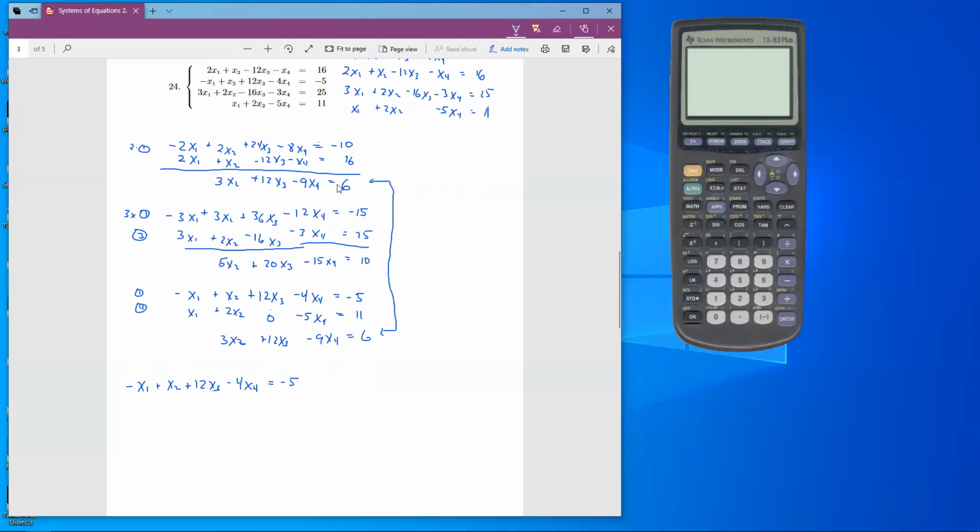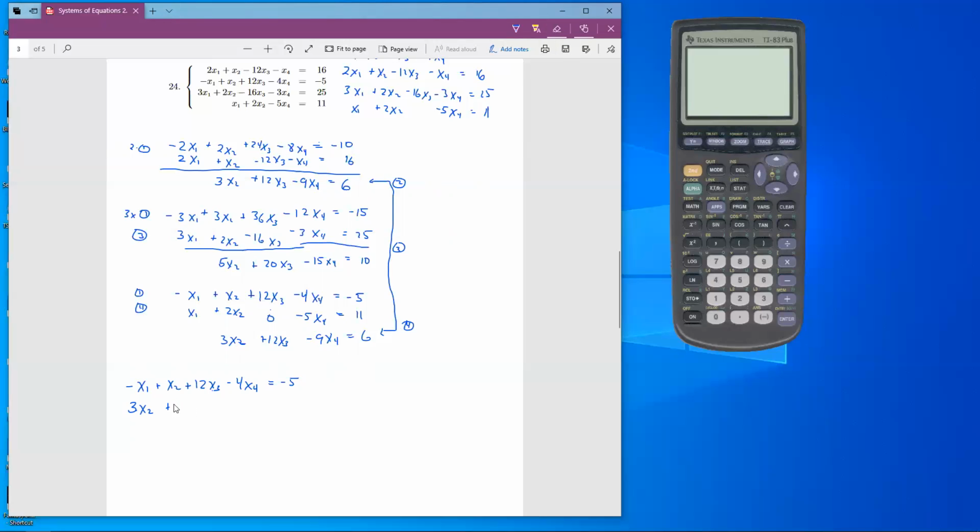This is now our new equation 2, this is our new equation 3, and this is our new equation 4. So let's go ahead and write that down. Our new equation 2 is going to be 3x2 plus 12x3 minus, oops, hold on a second, let me line those up.